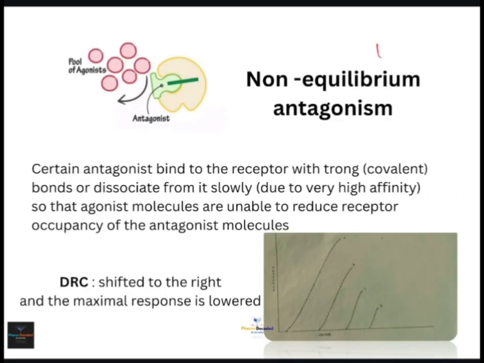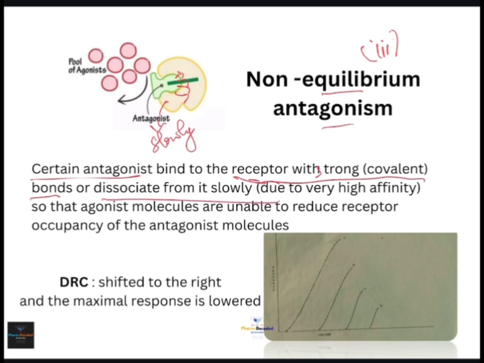Now coming to the third type of antagonism, that is the non-equilibrium type of antagonism. In this type, the antagonist forms a covalent bond with the receptor, or dissociates only slowly from the receptor. A certain antagonist binds to the receptor either with a strong covalent bond or dissociates from it slowly due to very high affinity, and this results in agonist molecules being unable to reduce the receptor occupancy of the antagonist molecules.